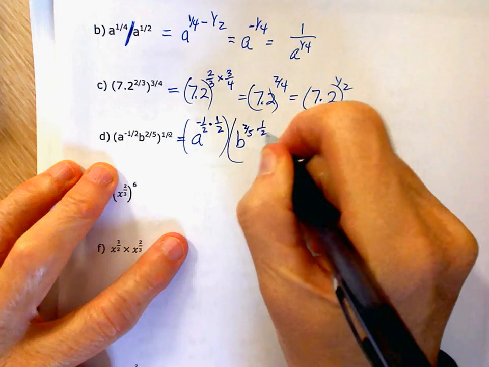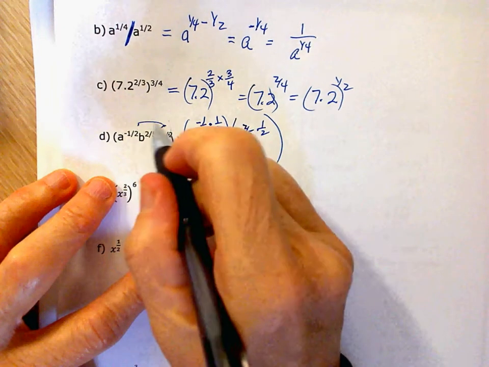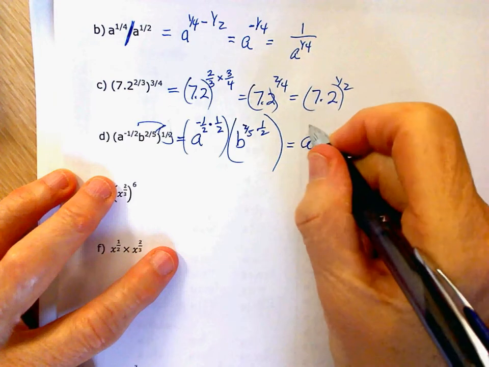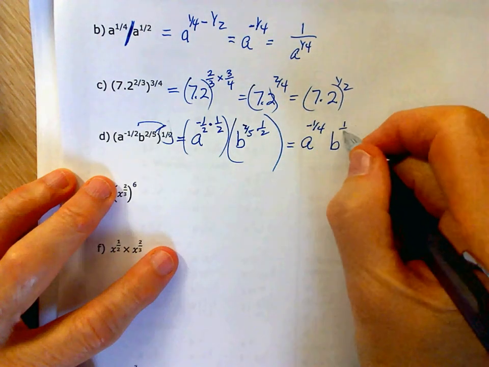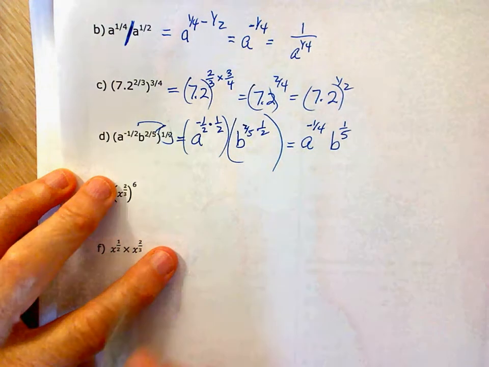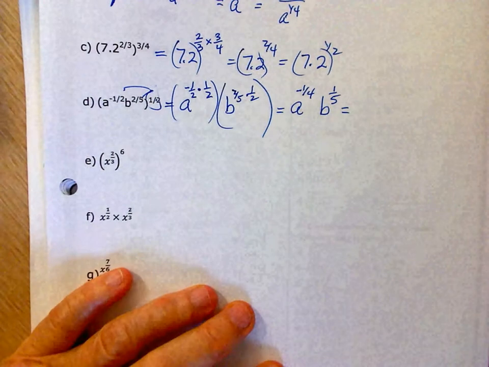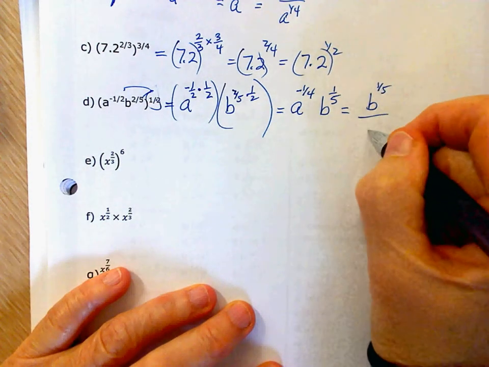Because of the brackets, this applies to both exponents. So that leaves us with a to the minus quarter times b to the 1/5, right? 2 divides out, we're left with 1/5. And if we express with positive exponents, we have b to the 1/5 over a to the 1/4.